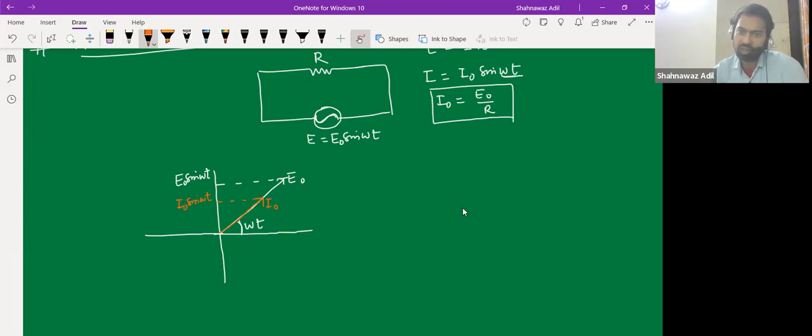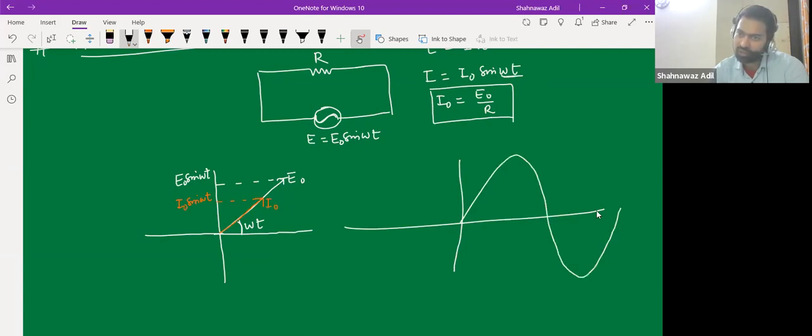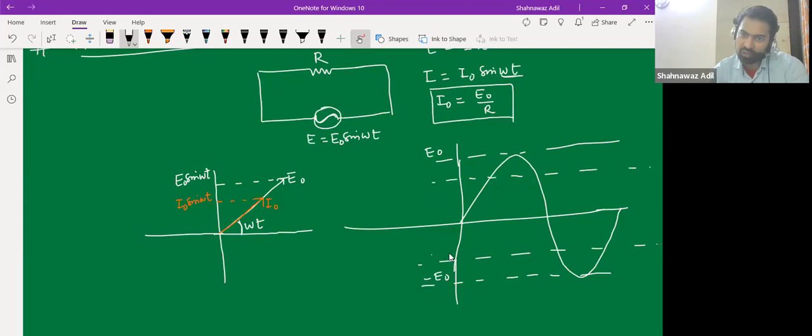And then we also drew the graph of these two. This was voltage. So this is minus E naught, this is E naught, and then we draw minus I naught, and this was pi by 2, pi, 3 pi by 2.